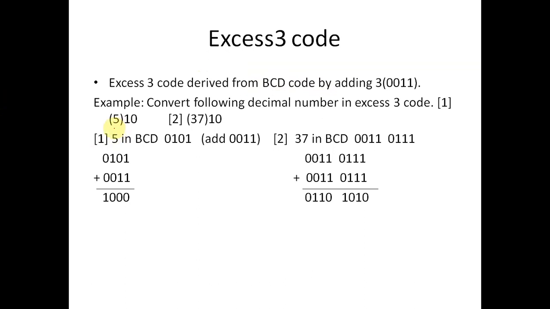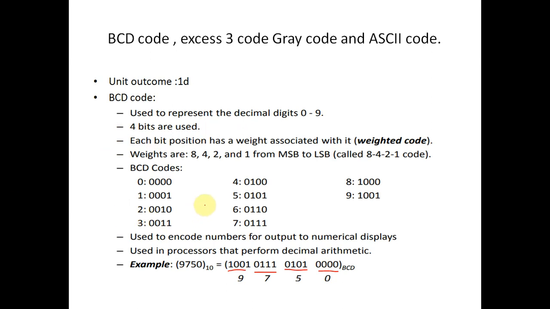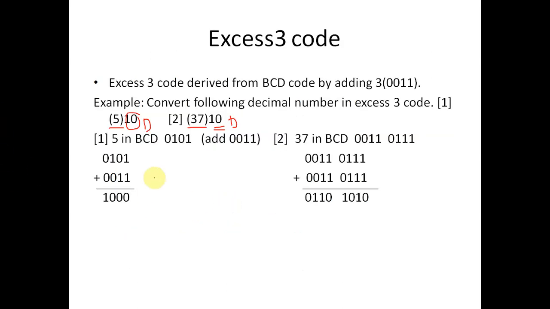See here, first example is the number 5 and second one is the number 37. These are decimal numbers. Look here, the given number is 5. 5 converted into BCD is 0101. So here write 0101.